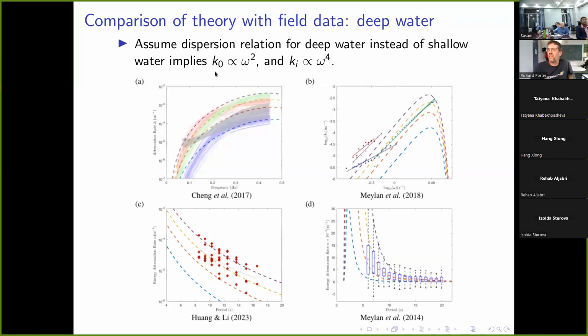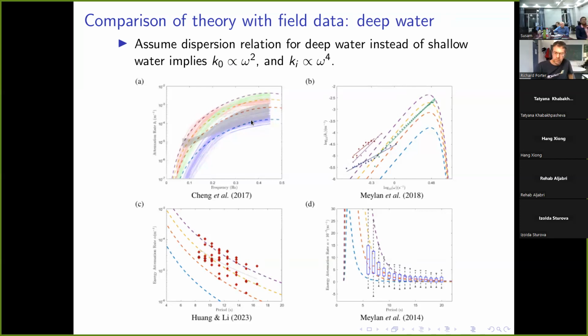But if I just think about this as being dominated by horizontal length scales, then my K naught, my wave number in the horizontal direction, goes now like omega squared for deep water. And now my Ki would go like omega to the 4th, which is at the other end of the scale. And now I've done exactly the same thing. I've pinned one point statistically on this curve, generated all of the other curves for different thicknesses of ice. And now you see a better plot because this goes like omega to the 4th.